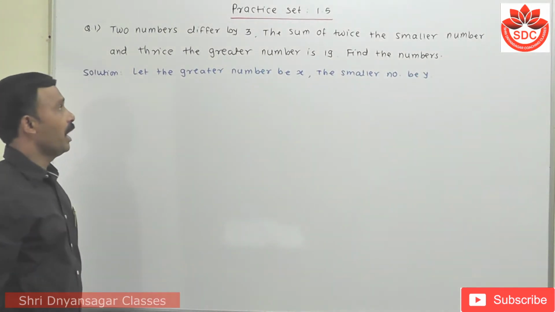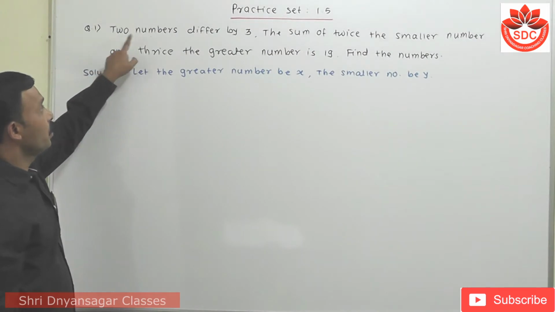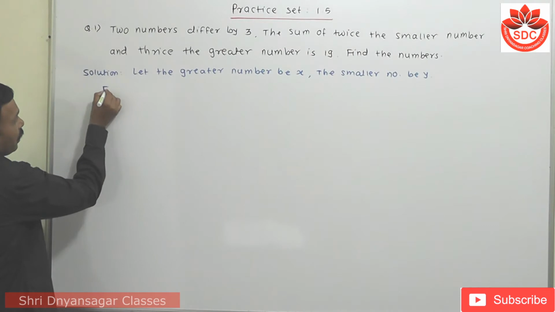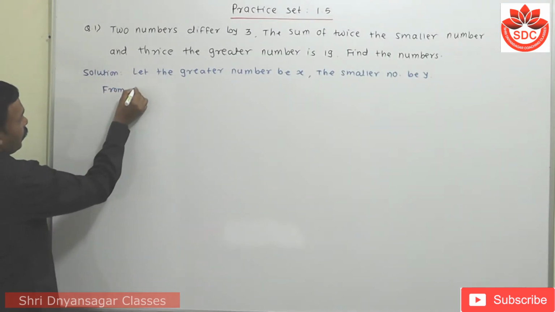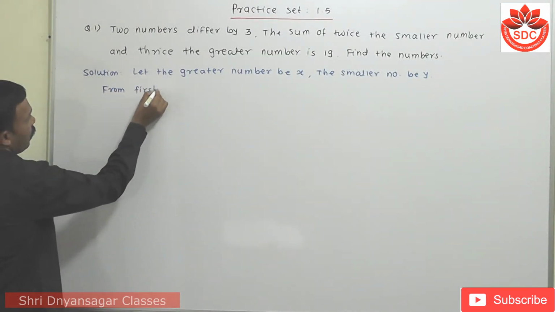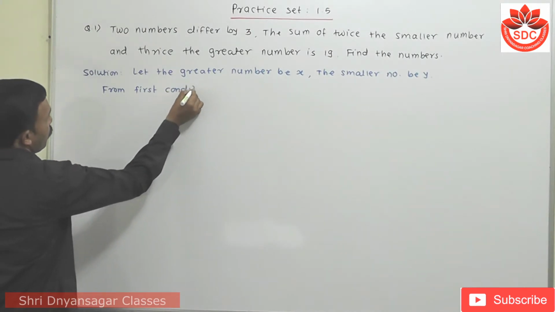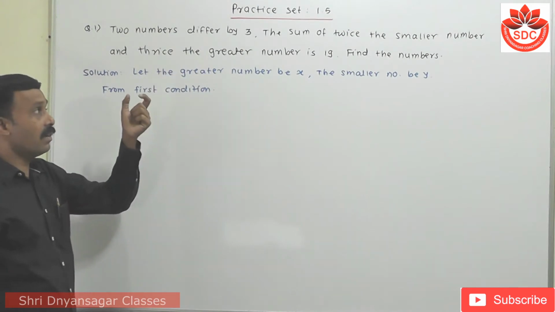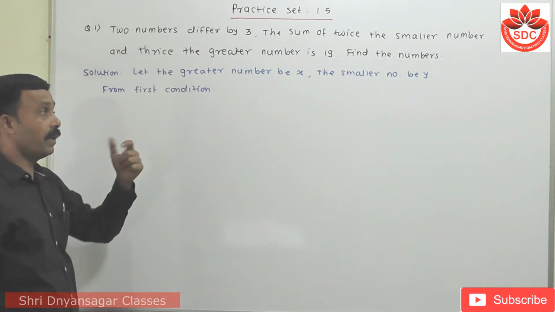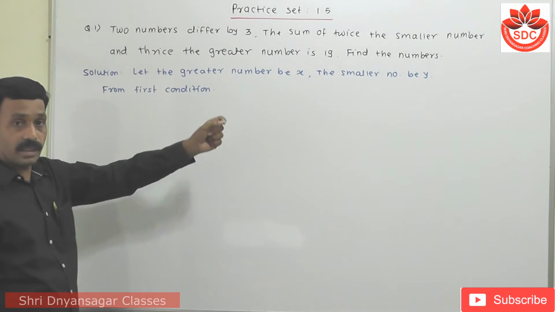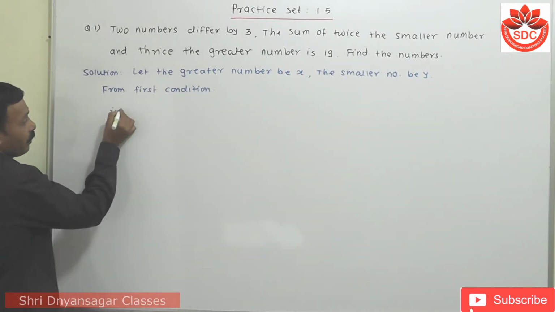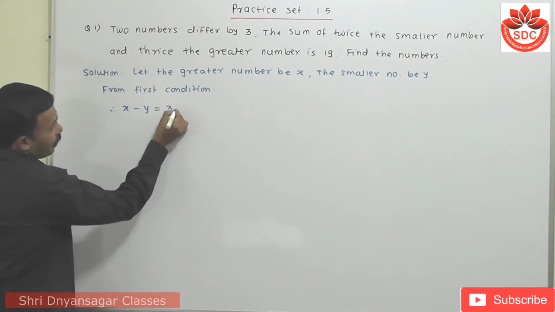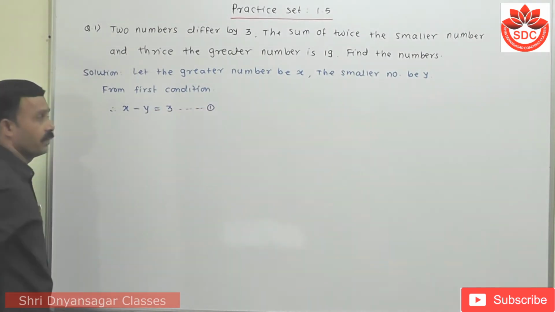Then by using the first condition, two numbers differ by 3. From the first condition, they differ by 3, म्हणजे दोघांचा फरक हा 3चा आहे. मग आता फरक काढताना आपल्याला मोठ्या संख्येतून लहान संख्या वजा करायला लागेल. So we take the first equation: x minus y is equal to 3. This is our equation number first.